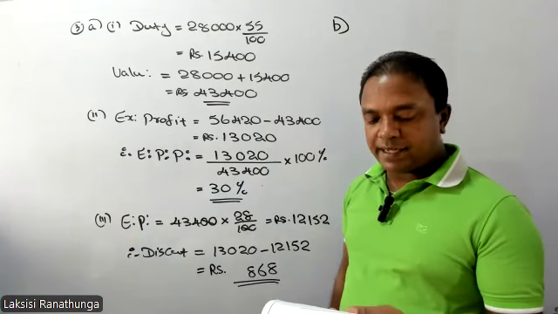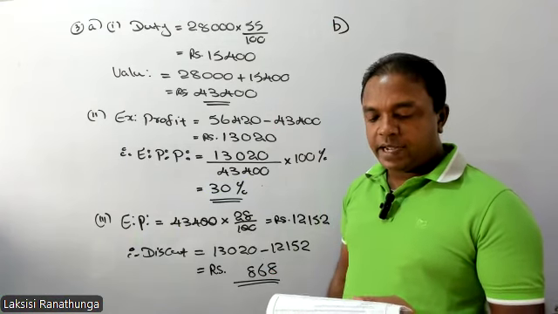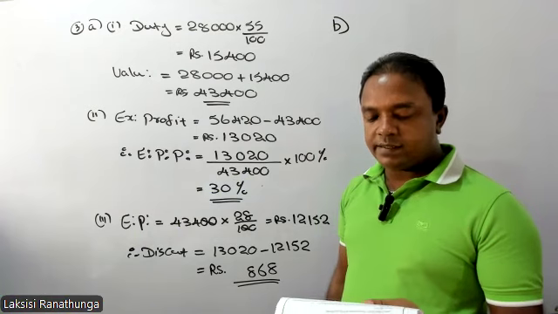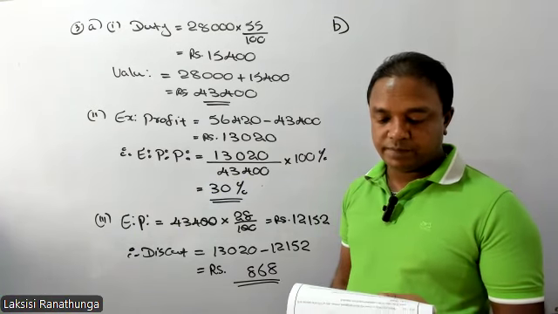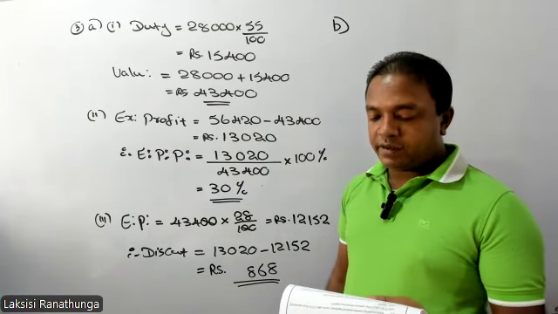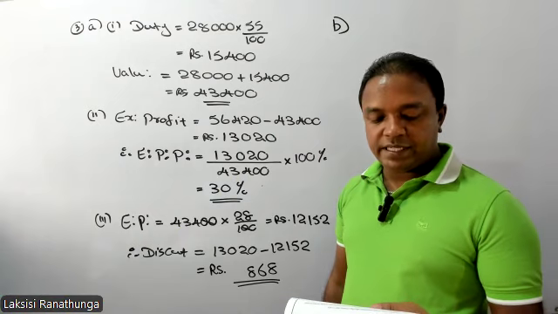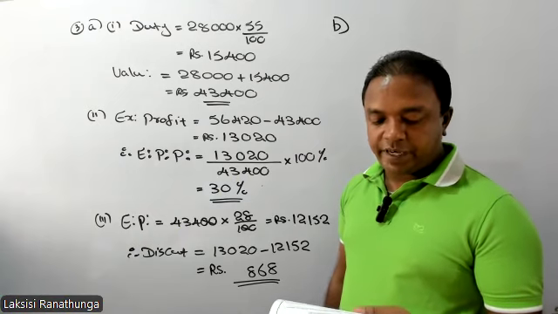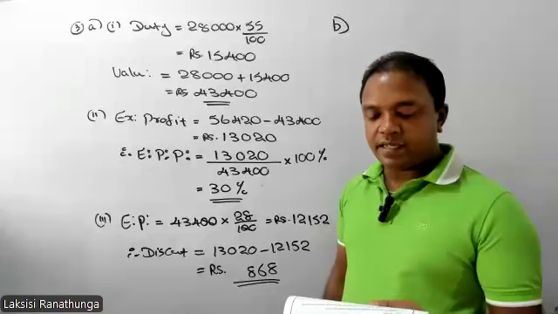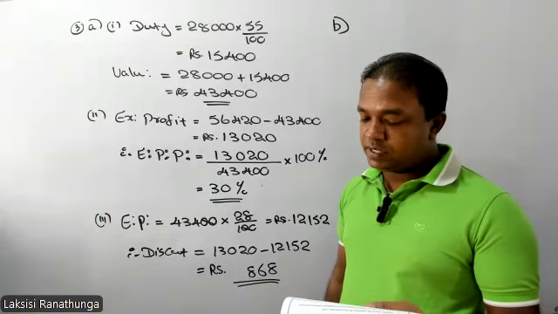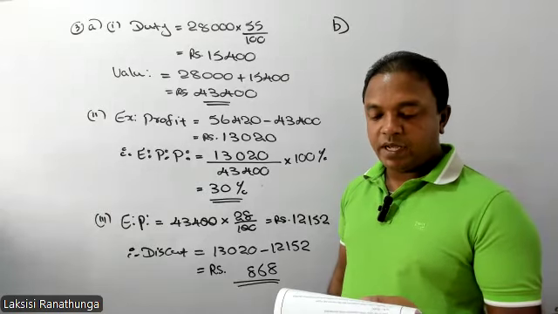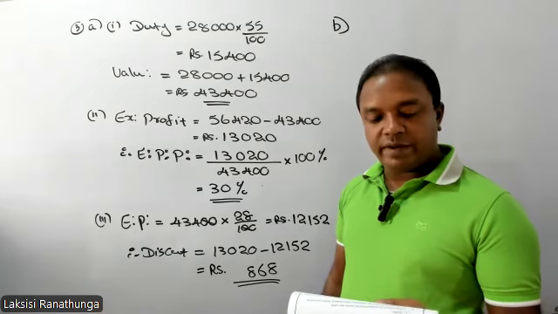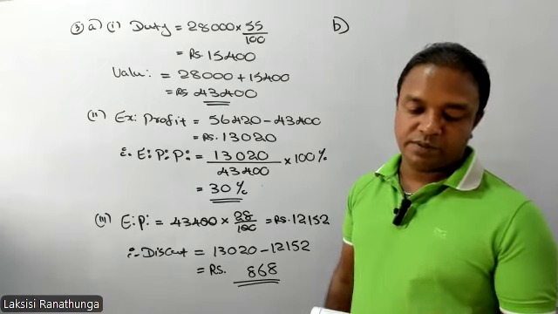Part B. 1,800 rupees has to be paid as quarterly rates for a certain house. If the relevant provincial council charges 15% of the assessed annual value of the house as rates, find the assessed annual value of the house. Right.